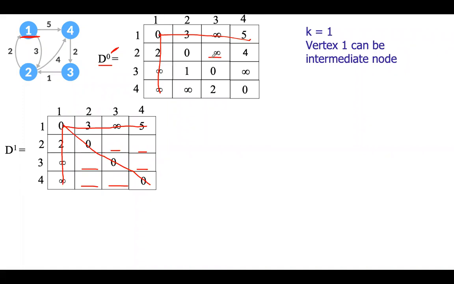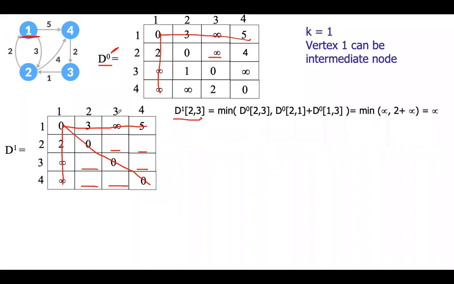I am trying to find out 2 to 3 in the D1 matrix. D1 of 2 to 3 is equal to the minimum of D naught of 2 to 3.